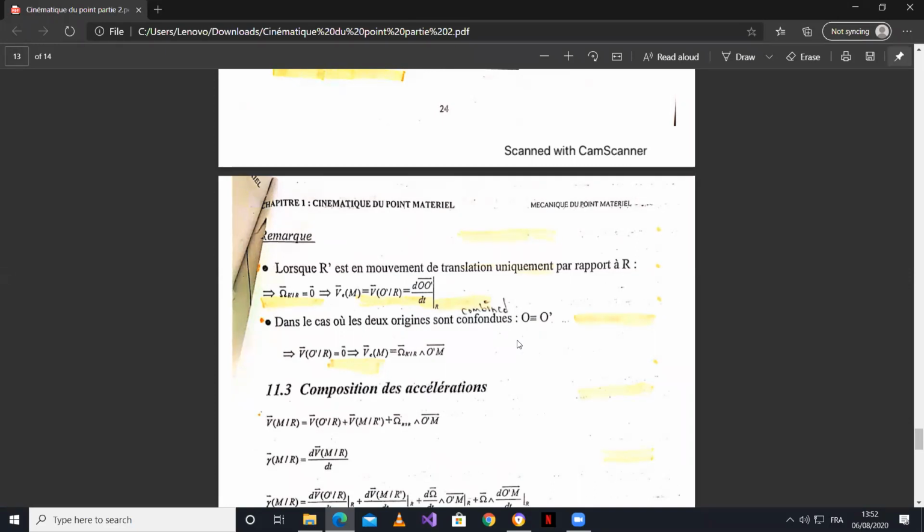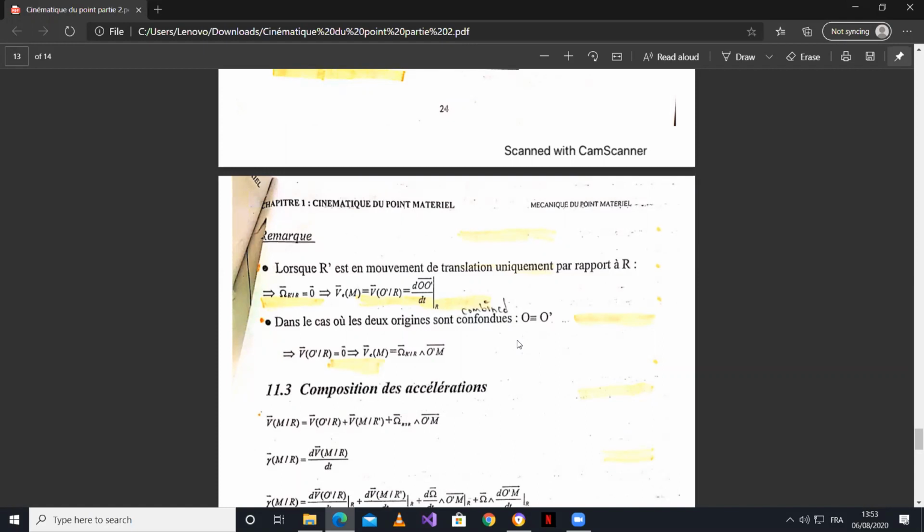One will be rotating with respect to another, or it's going to be rotating around another, but it cannot be translated because they both have the same origin. If it's translating, it means one is moving away from the other and back, but it cannot be the case because they have the same origin. So if one moves, it means the other one is also going to move because they have the same origin. So the only possibility of movement we are going to have is rotation, one rotating around another.